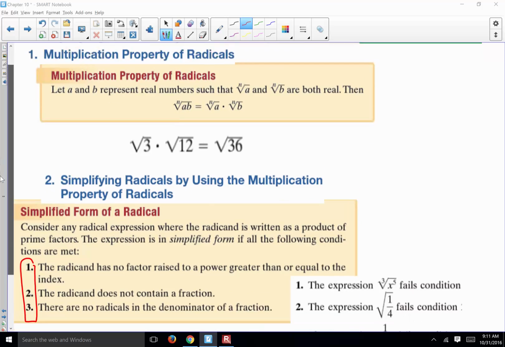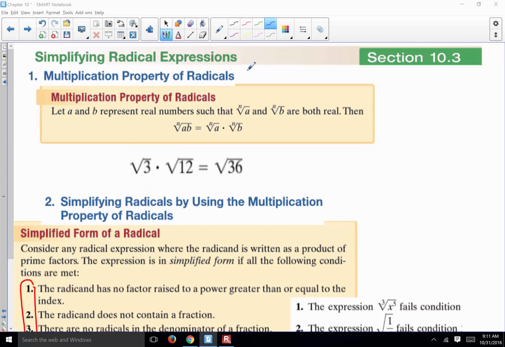But before going into those terms, I want to first explain one very often used rule, or property, among radicals that is going to help us simplify them. It's called the product or multiplication property.